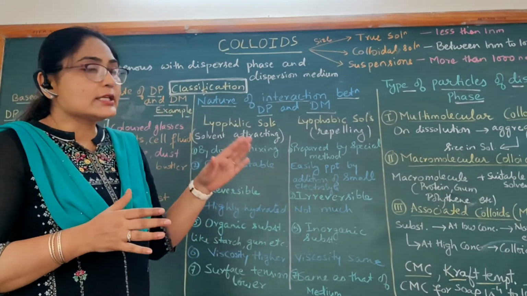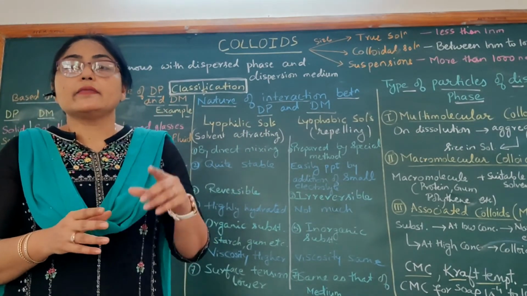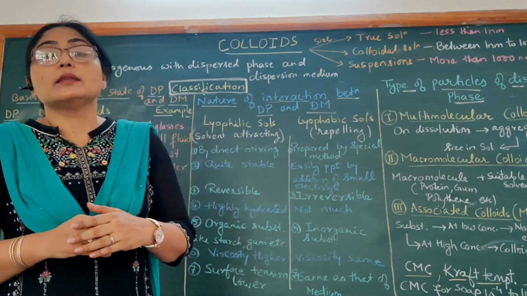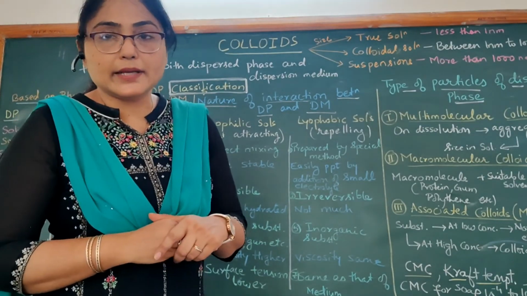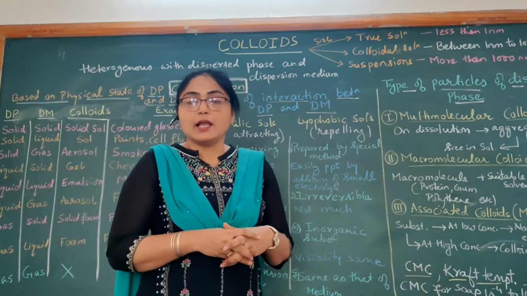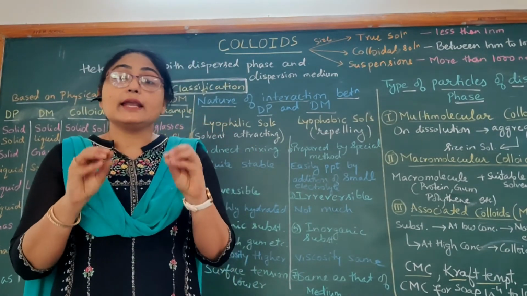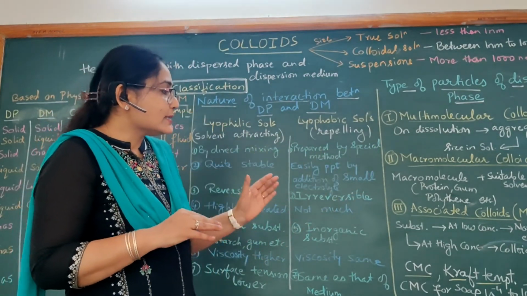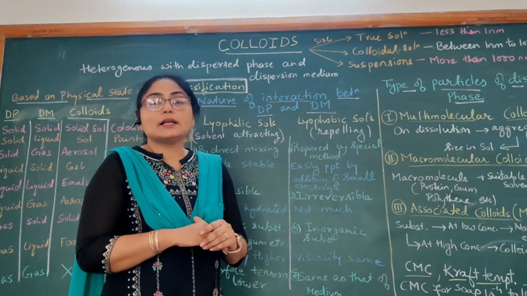Now, these micelle formations require a particular temperature. Only above that temperature does micelle formation take place, and that temperature is known as the Kraft temperature. The concentration required for micelle formation is known as CMC, the critical micelle concentration.